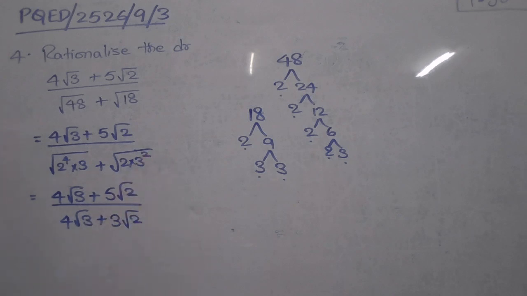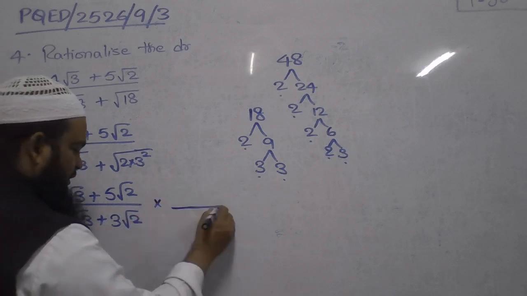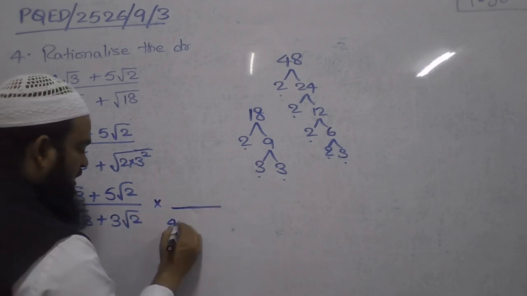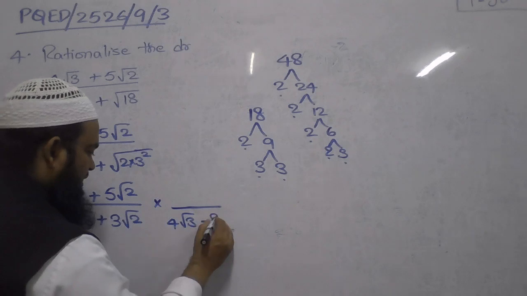So now all the numbers under the root are prime numbers. So how to rationalize the denominator? You multiply with the conjugate of the denominator. What is the conjugate of the denominator, my dear students? The conjugate of the denominator is 4 root 3 minus 3 root 2.